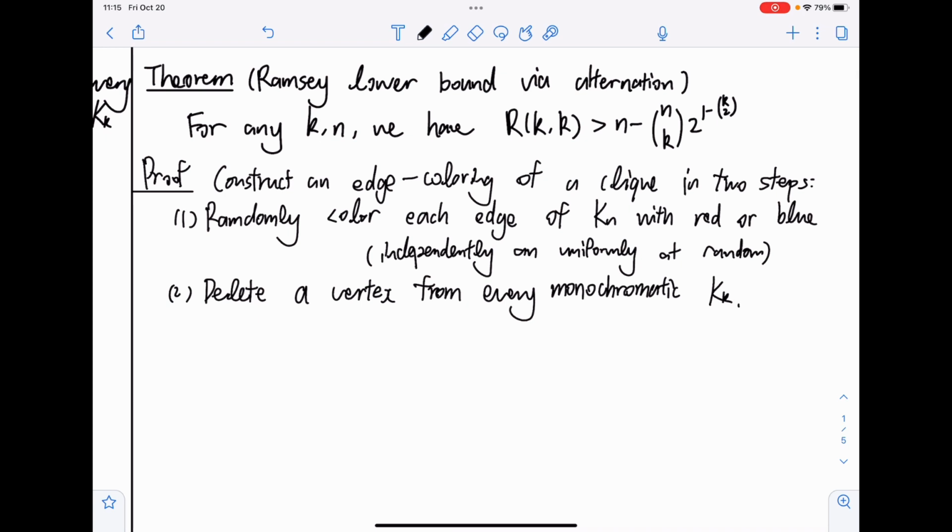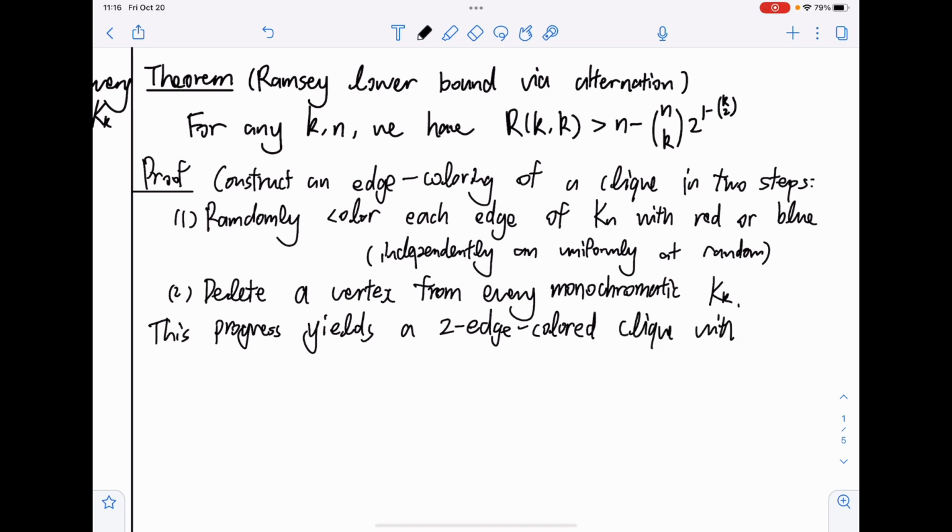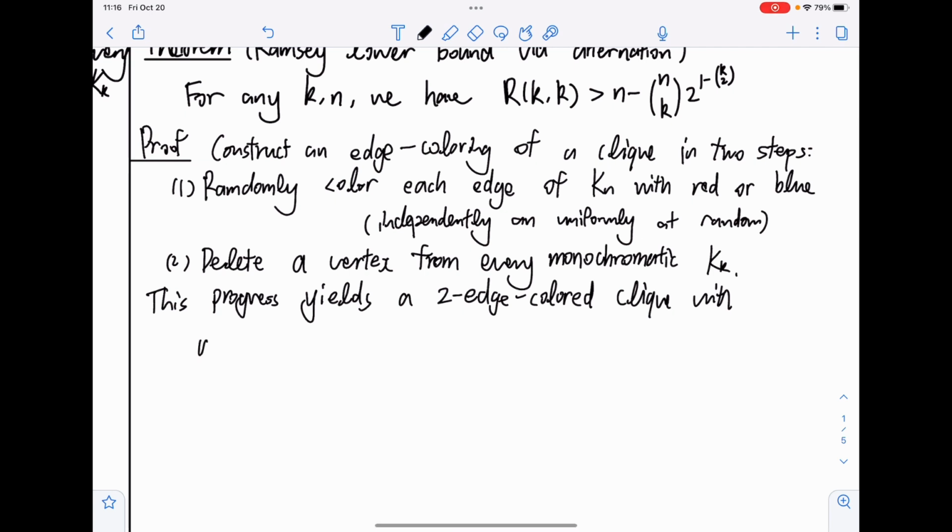And what we got after this construction will give a two-edge colored clique, since in graph coloring there is also a vertex coloring, an edge-colored clique with no monochromatic K_k.